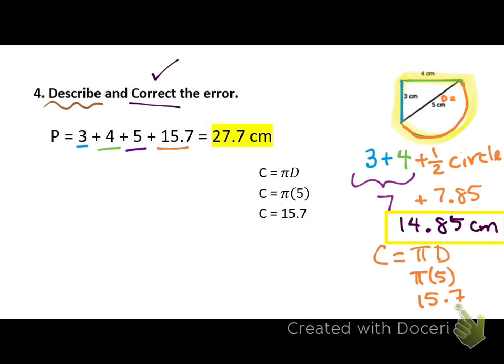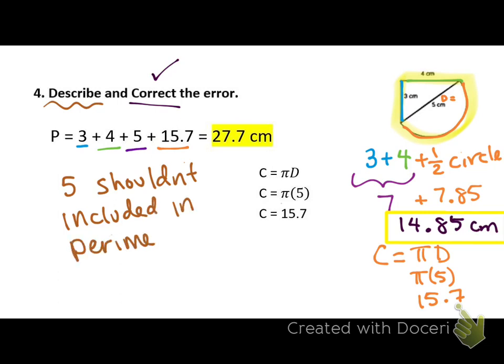I see 2 errors. 5 is not included in the perimeter, or should not be, I guess, is a better way to say it. 5 shouldn't be included in the perimeter. That's the number 1 problem I see. It's not one of the main sides. It's just used to find the circumference of the circle. The second problem was then they didn't half.